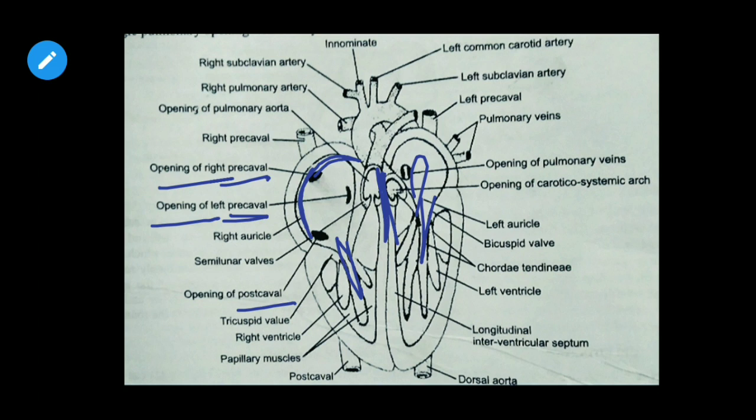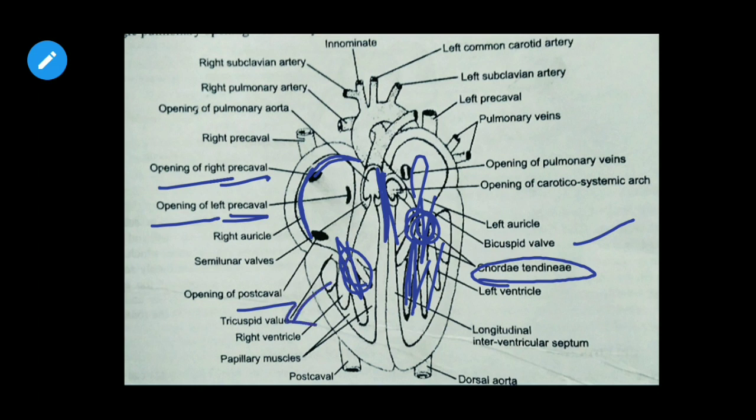The cusps are connected to finger-like projections, called columnae carneae, present in the wall of the ventricle, by chordae tendineae.